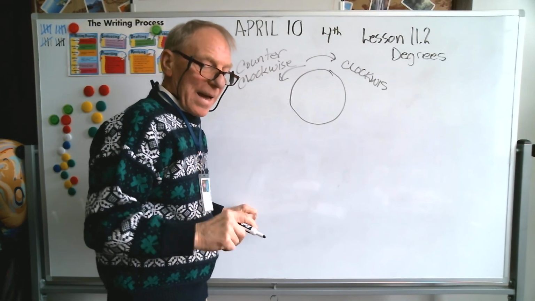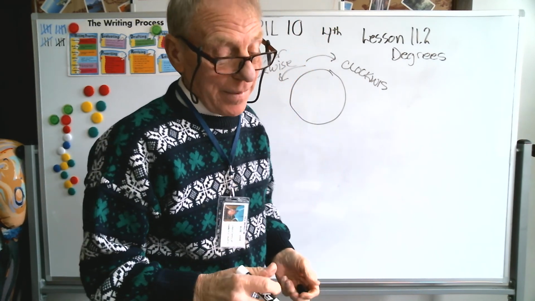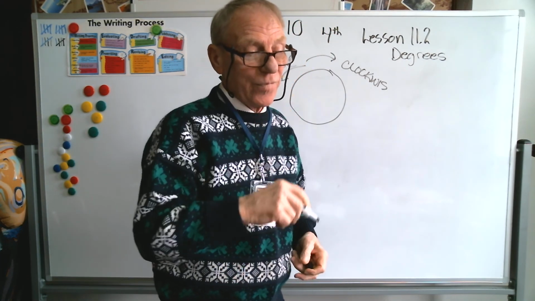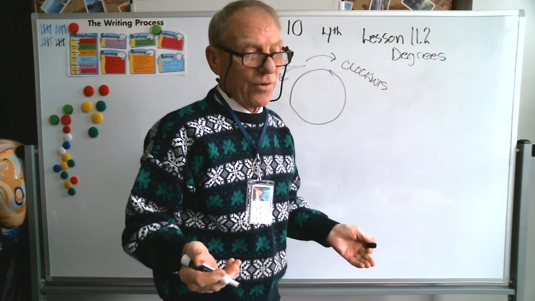You may have to go back to lesson 11.1 and review that to get ready, because what we're going to talk about today as we get a little further on into this lesson is degrees.